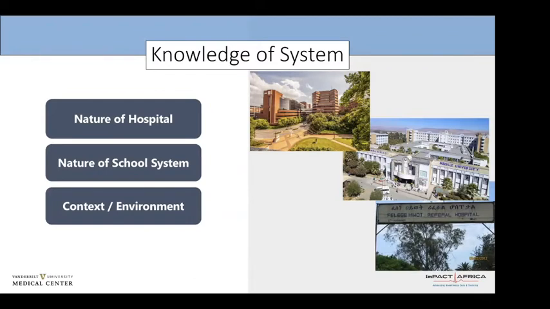I need to make sure that I understand what the hospital system is, what is available, what is the nature of the school system, what is the environment and the context and so forth. So a good educator pays attention to the knowledge of system and makes accommodation and changes how they teach based on an appreciation of their system.